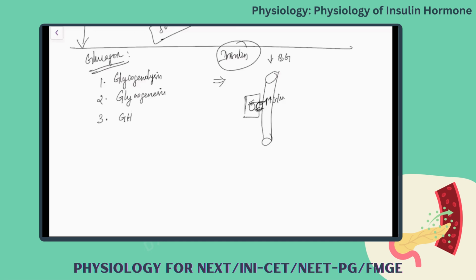We have different types of channels, sodium glucose transporters and glucose transporters. These channels act by making the glucose enter into the cell. Activation of these glucose transporters happens in the presence of insulin. That is how insulin decreases the blood glucose level.